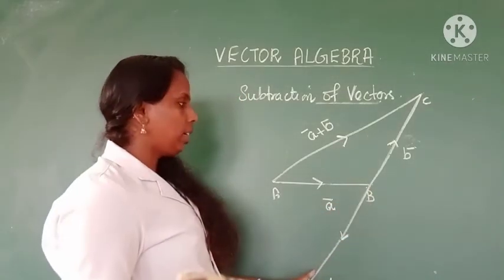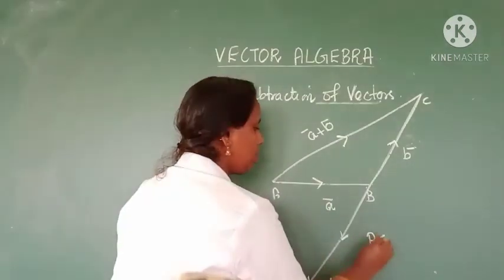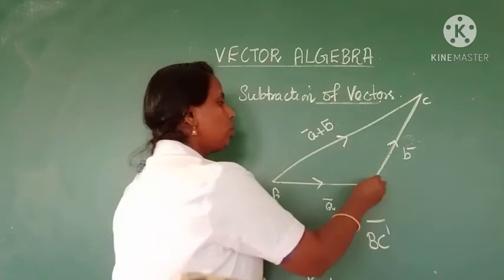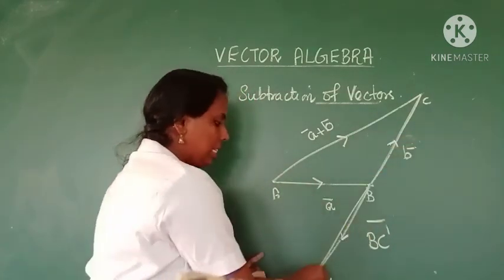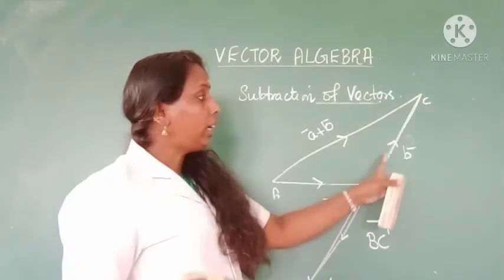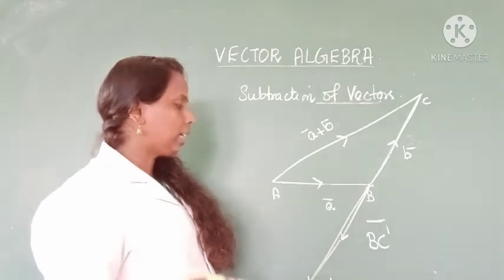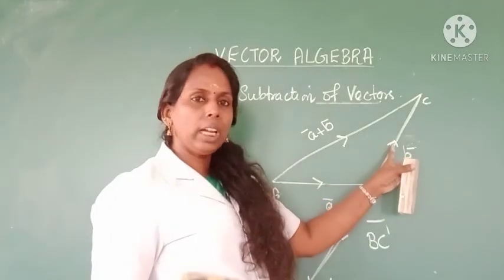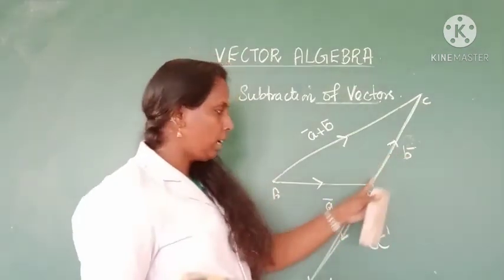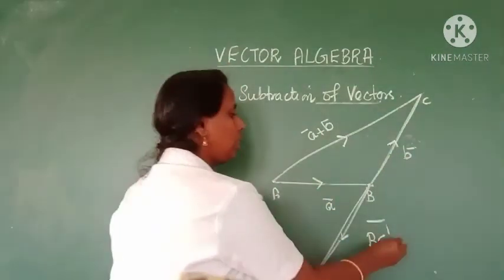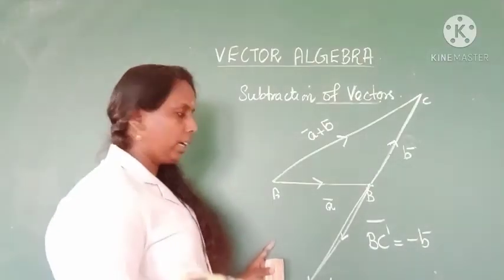So this vector is actually BC dash vector, isn't it? BC is vector B. What is BC dash vector? It is the negative of vector BC. So if BC is vector B, then BC dash vector is negative vector B.